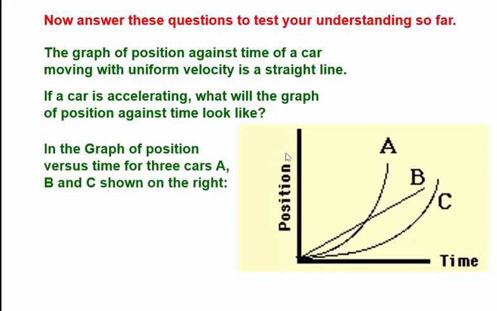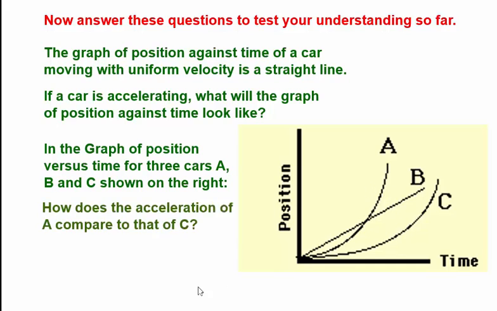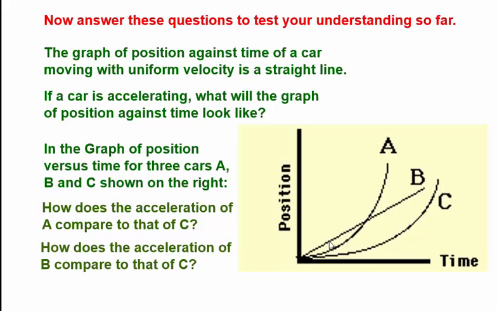Now, in the graph of position versus time for three cars A, B, and C that is shown here, how does the acceleration of A compare to that of C? Write a sentence about it. How does the acceleration of B compare to that of C?